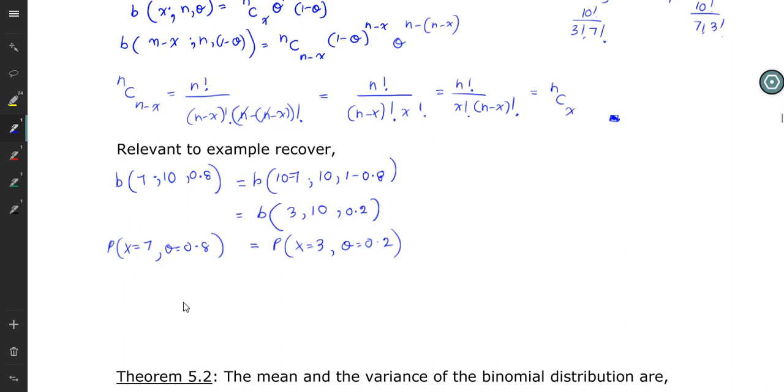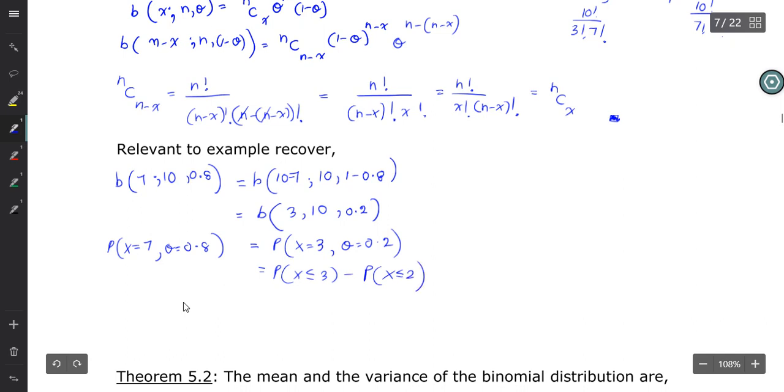You don't have the 0.8 column, but you have the 0.2 column. If you want to get the probability x equals 7, you read only up to x equals 3, which is the probability of x less than or equal to 3 minus x less than or equal to 2. Okay, so I refer to the table and find the answer for this one.